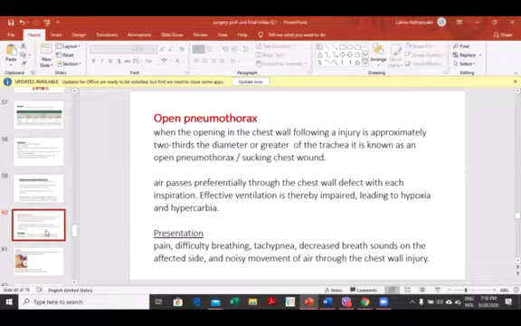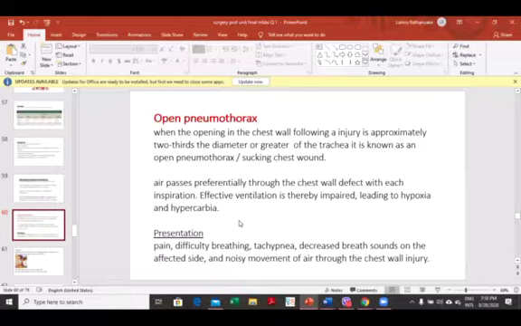When the wound is more than 2/3 of the diameter, effective ventilation is impaired, leading to hypoxia. To be a life-threatening injury, the chest wall wound should be more than 2/3 of the diameter of the trachea.